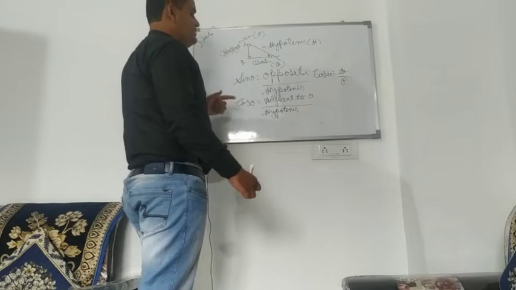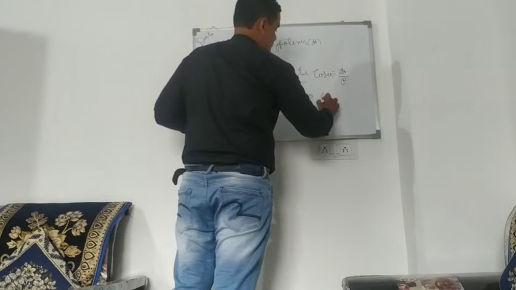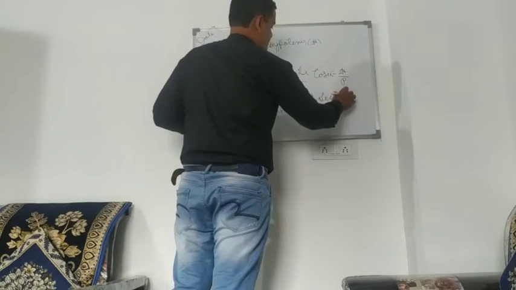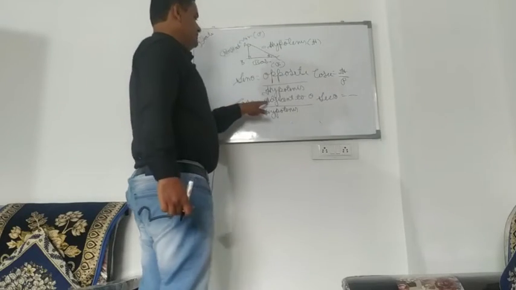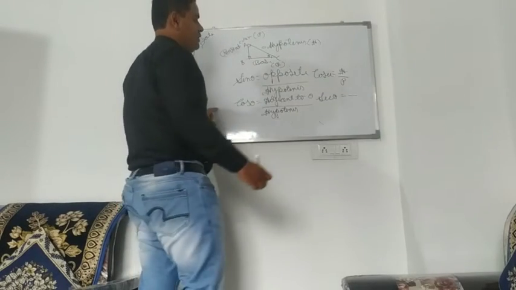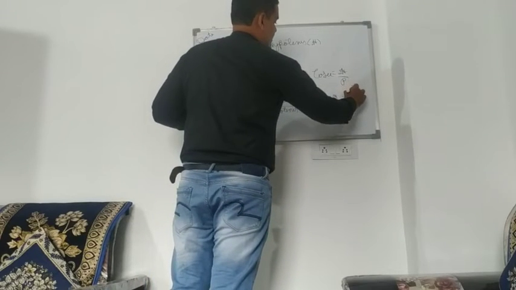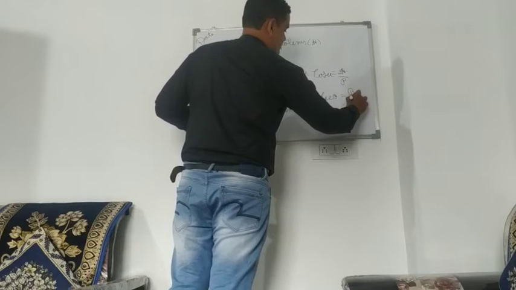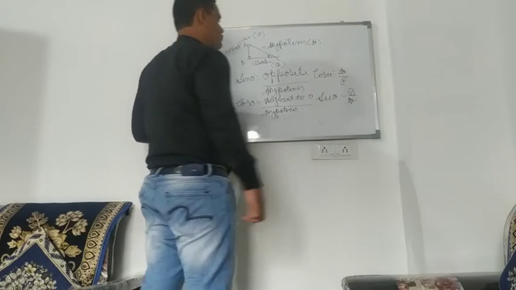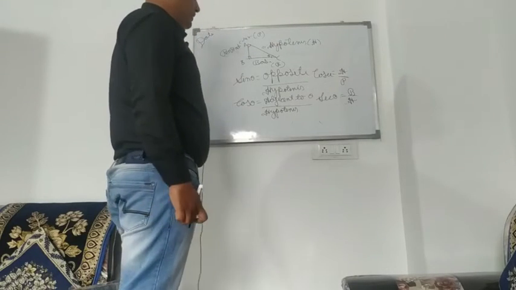Sec is the opposite of cos. What is adjacent? Base. So we write it as B upon H. So we have found four different trigonometrical ratios.